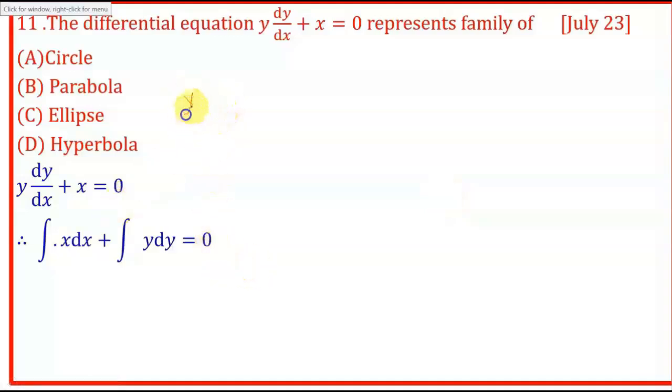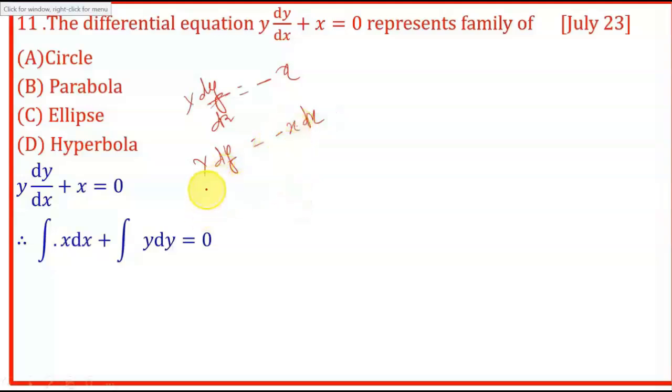If we multiply on both sides by dx, then dy by dx is equal to minus x, and then y into dy is equal to minus x into dx.